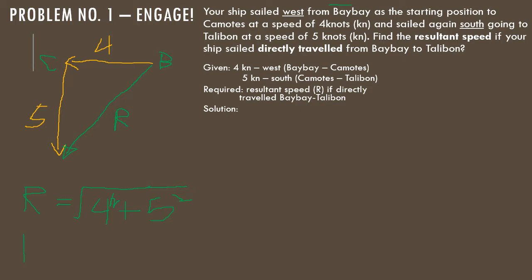Then our answer is R is equal to, so using your calculator, type square root, then type 4, then squared, plus 5, then squared, then equals, so meron tayong 6.4. So let's write here 6.4 km.